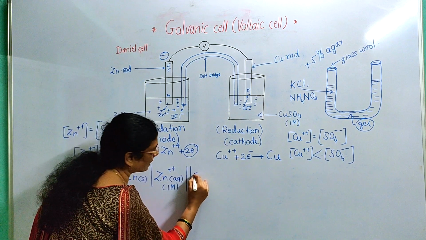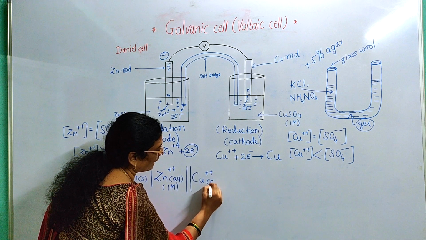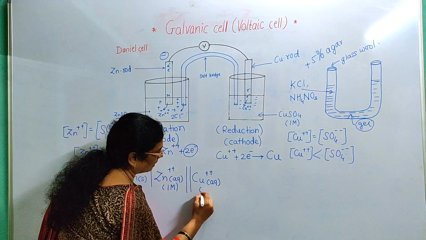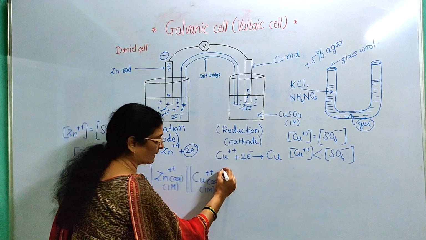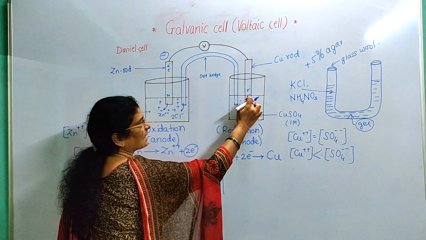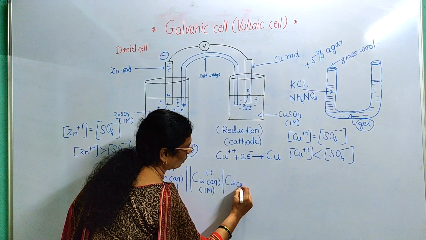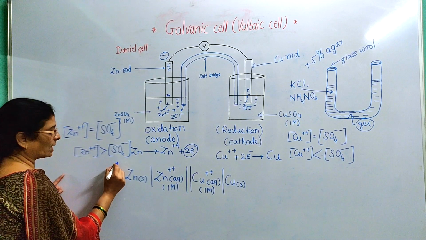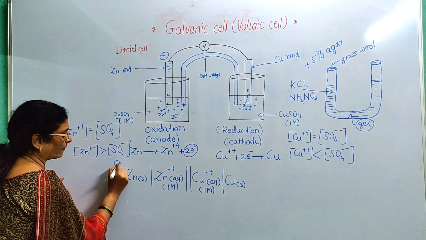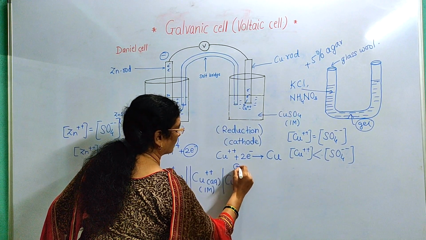So you have to represent here solution Cu++, aqueous, again concentration 1 molar. Single vertical line, these Cu++ ions are in direct contact with Cu atoms, the Cu rod. So this works as the negatively charged electrode, this works as the positively charged electrode.